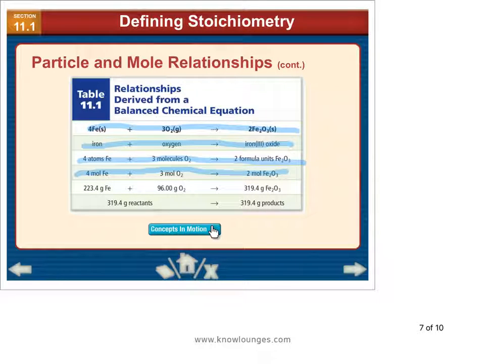More often we'll think of it in terms of moles, but when we measure things out, we'll always have to measure them out in grams. And by the law of conservation of mass, whatever we start with in mass, we have to end up with in mass. So there are a lot of different ways we can think about a chemical reaction.